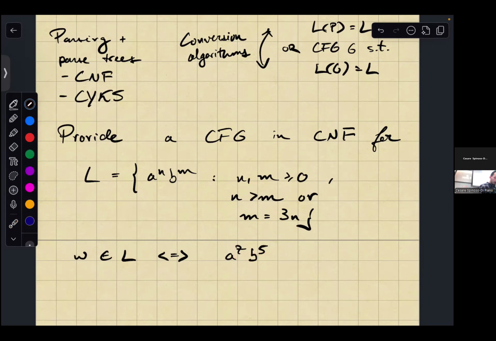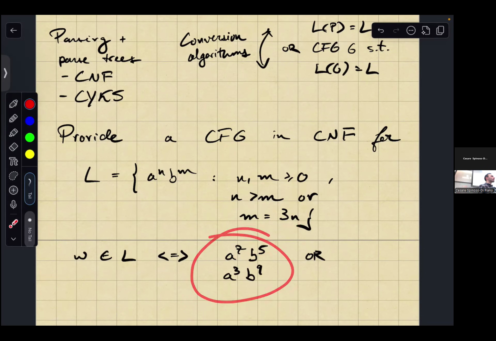Or it might be that you have maybe a^3 b^9, which is fine because the number of b's is 3 times the number of a's. So these are the two possibilities. Okay, these are two particular examples, it's not the only two. The language L is not of size 2.